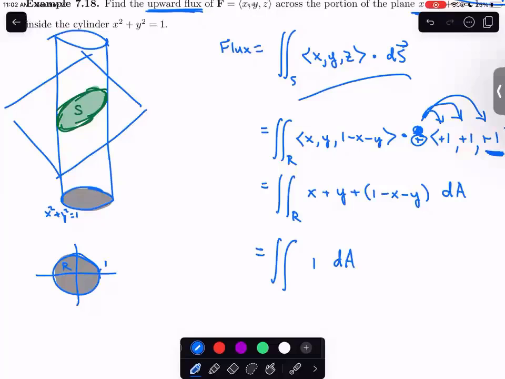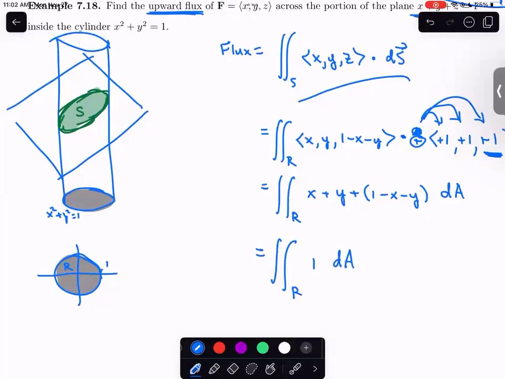And now we have a double integral of 1 dA. Not 1 dS, anything like that. It's 1 dA, which means that we are interested in the area, right? Because the double integral of 1 dA is area in the xy plane of the region that we're integrating over. And so this is going to be, well, just pi r squared, which happens to be pi.